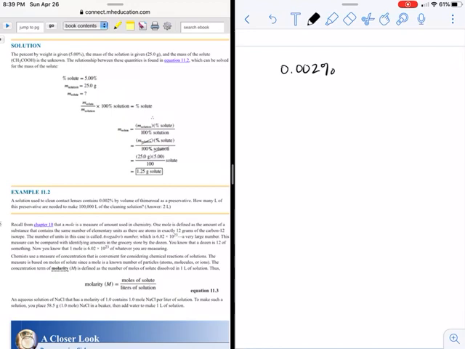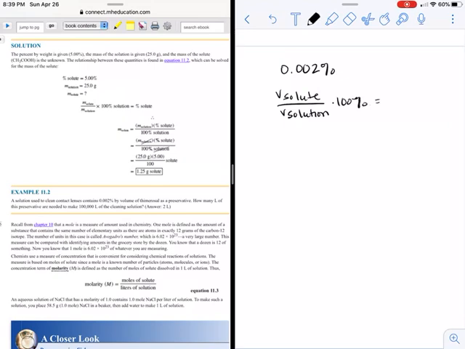I don't know what that is. How many liters of this preservative are needed to make 100,000 liters of cleaning solution? Okay, so this is wanting us to figure out basically the same thing as we just did, only in liters instead of in mass. We did 1.25 grams of solute. Now we have to figure out how many liters of solute.